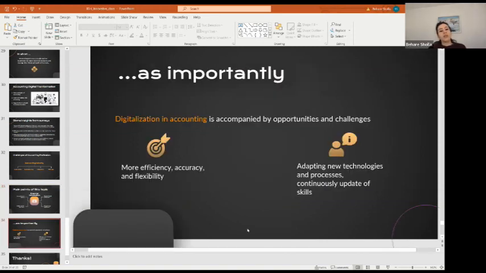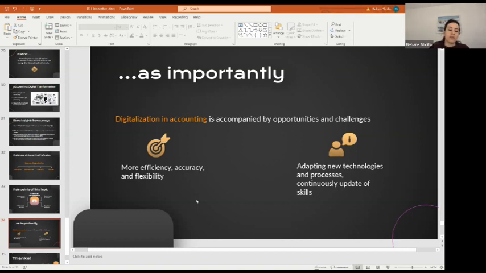And as importantly, digitalization in accounting is very important and is something that the companies are investing very much in, and it's, I would say, the future of accounting, because it provides more efficiency, accuracy, and flexibility.